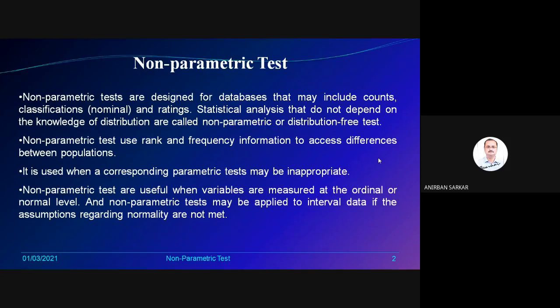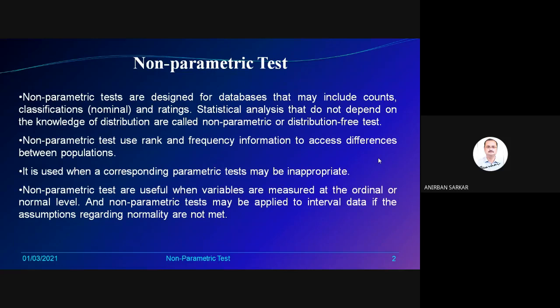Basically, for interval scale or ratio scale data you apply parametric tests, and for nominal or ordinal data you apply non-parametric tests. There are some assumptions which I have already discussed in the pre-launch session.